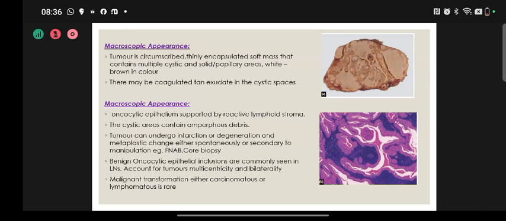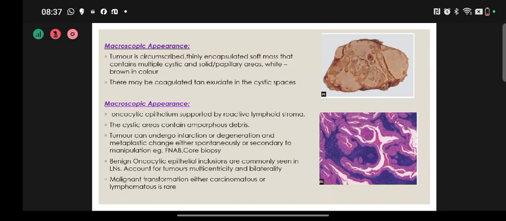Macroscopically, it is a well circumscribed, thinly encapsulated soft mass with multiple cystic and solid or papillary areas, white or brown in color. There may be coagulated tan exudate in the cystic spaces. Then microscopic appearance, there is oncocytic epithelium, which is characteristic.